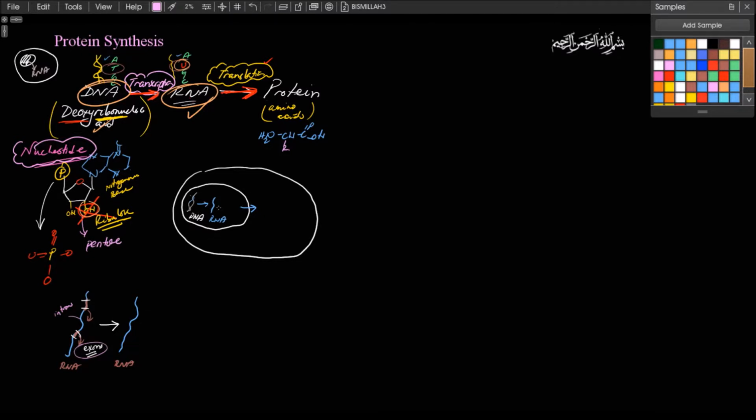So the RNA goes through this splicing process, and once it's spliced and matures, it is this RNA that leaves the nucleus if it has to.